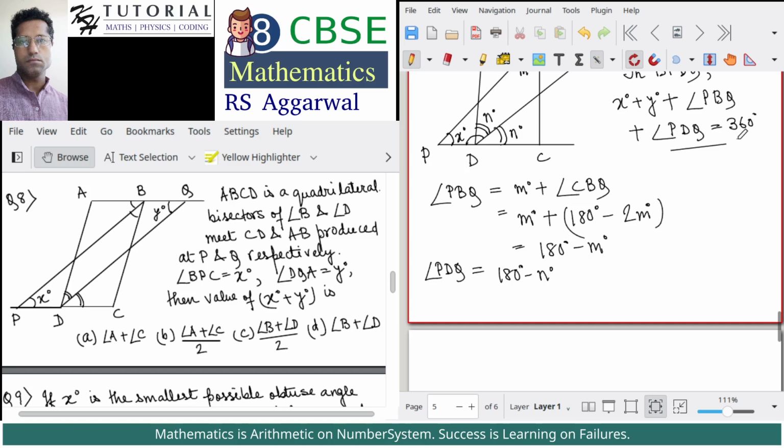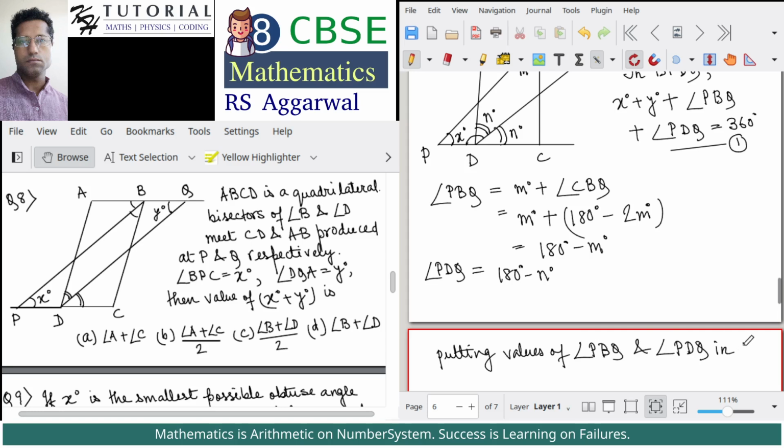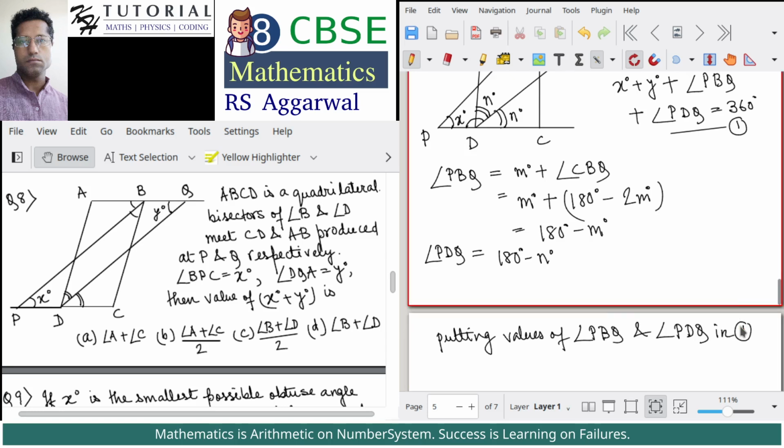Now, let's say this is equation 1. Putting the values of angle PBQ and PDQ in 1, what do we get?